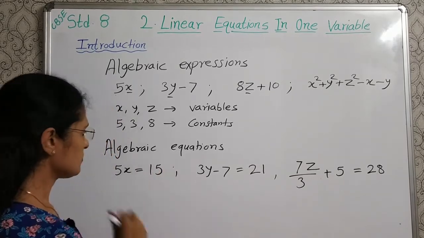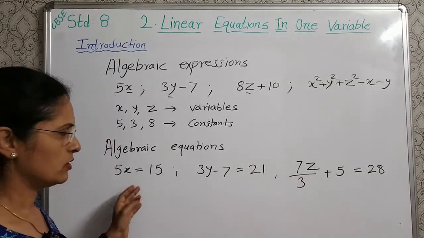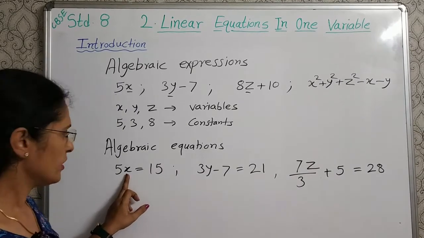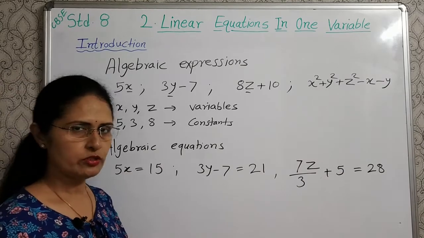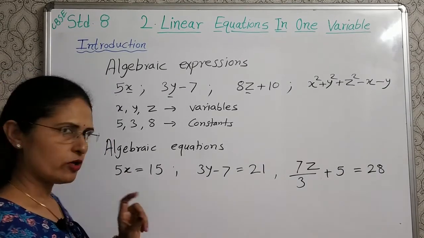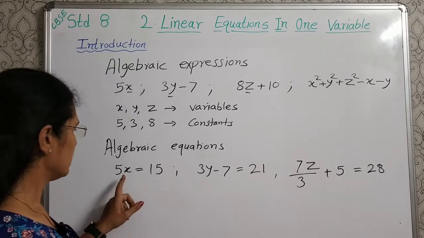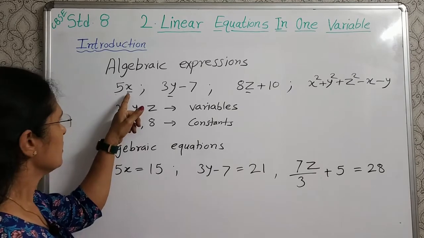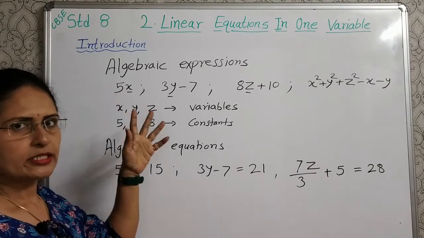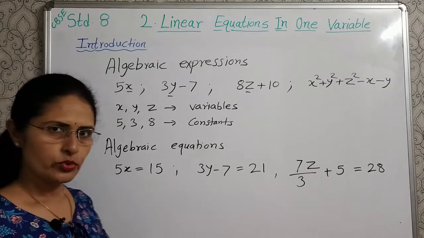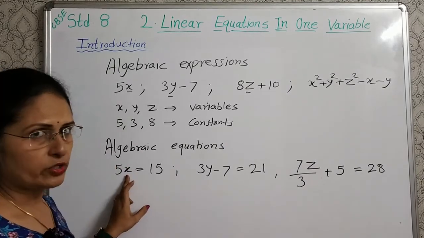So this is left hand side of the equation, this is equal sign, and this is right hand side of the equation. You can solve these equations and you will get the value of this variable, and that will be the solution of the equation, and it will be true only for one value. You can take 2, you can take 3 in an expression, but this equation will be true only for a certain value.